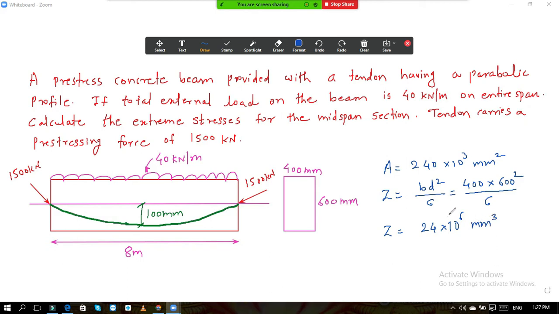Then the pre-stressing force is given, P is equal to 1500 kilonewton. Okay, now we will use the stress concept first.